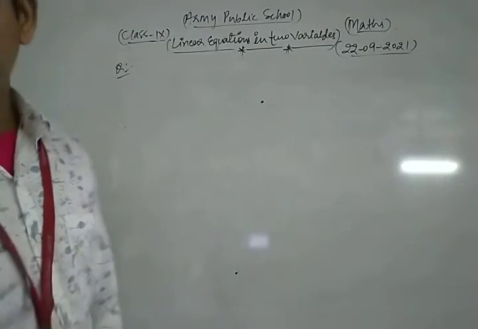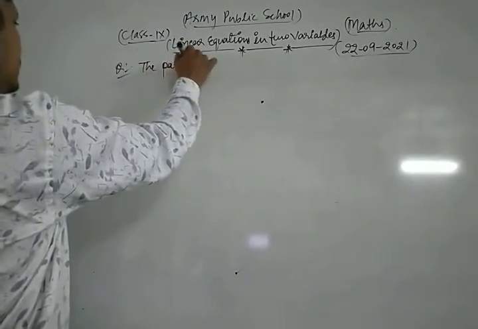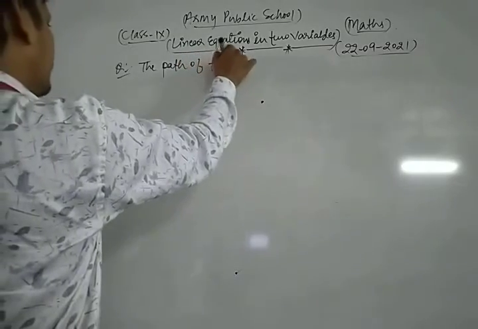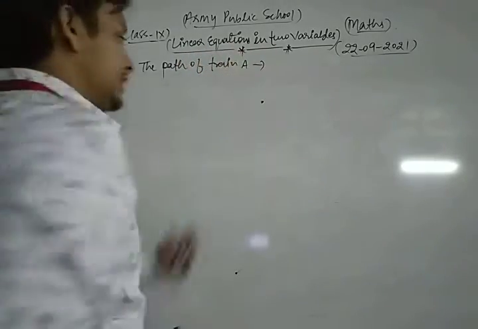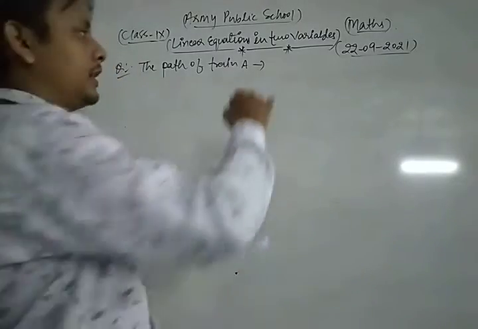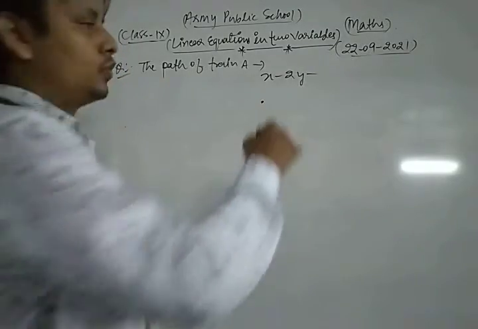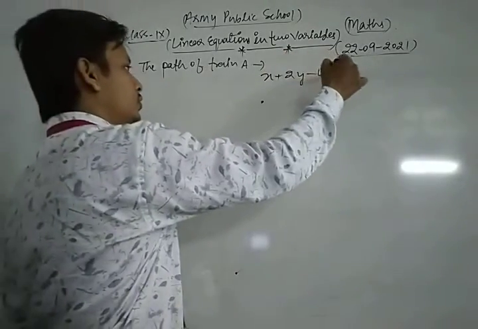Okay, the path of train A is given by the equation x plus 2y minus 4 is equal to 0.